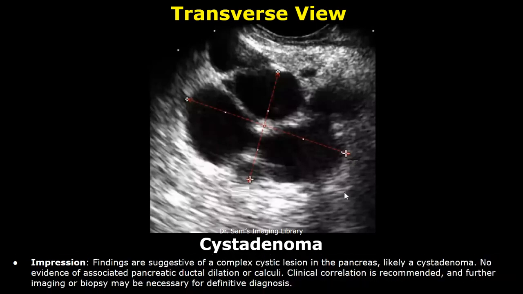This is the impression. Findings are suggestive of a complex cystic lesion in the pancreas, likely a cystadenoma. Clinical correlation is recommended, and you must also write further imaging or biopsy may be necessary for definitive diagnosis.